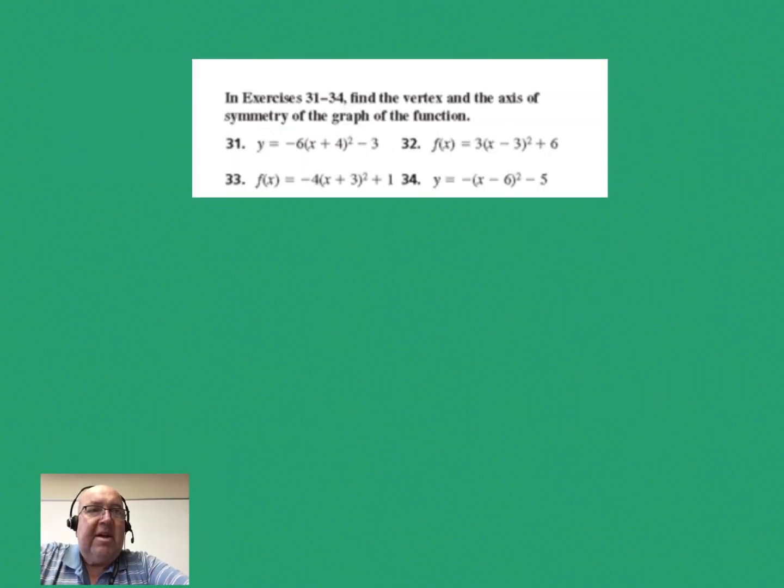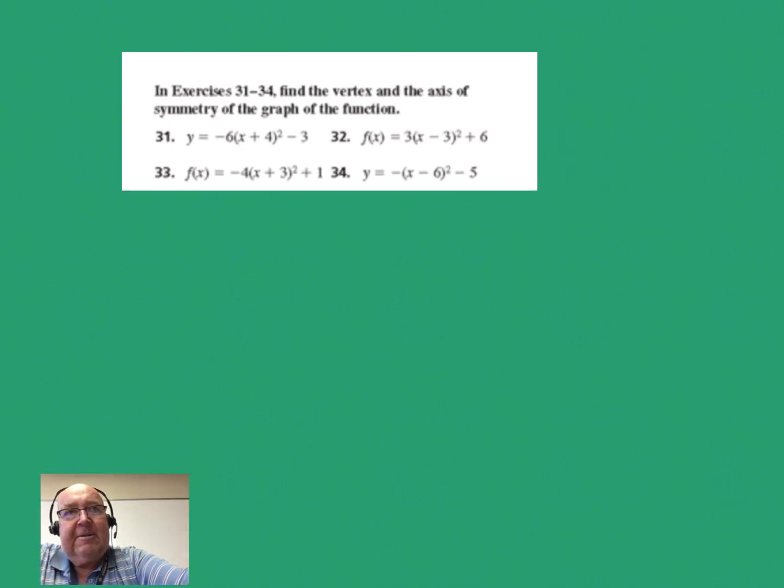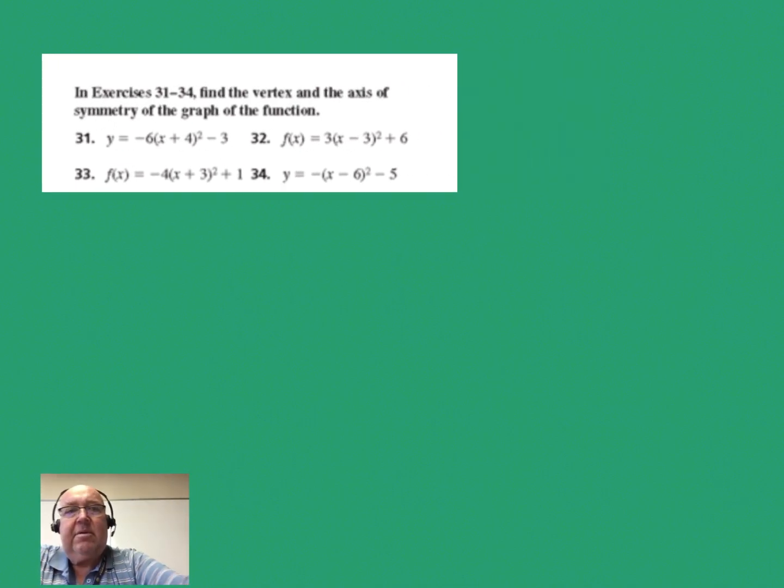And now we're going to have some that we have double moves. Alright, so again, this form is called the vertex form. So our vertex is negative 4 and negative 3.